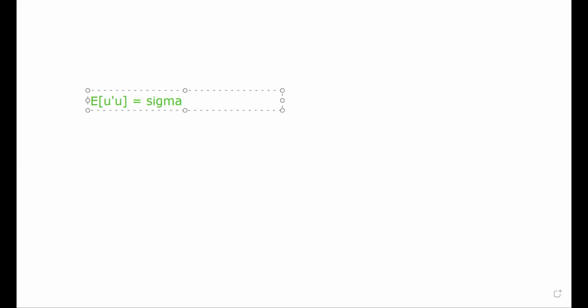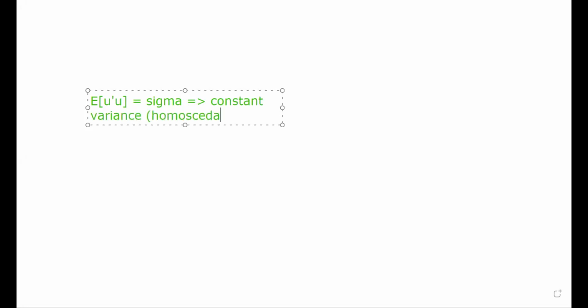Here we have constant variance, or in other words, homoscedasticity. This is for i equal to j.